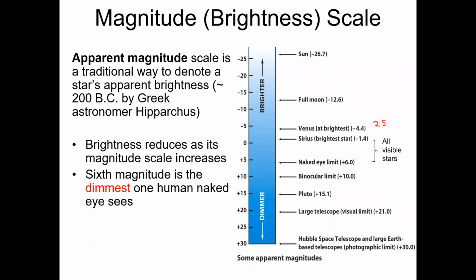So 4.4 minus 1.4 is 3, so 2.5 to the power 3. Venus is this many times brighter than Sirius. Now the full moon is -12.6. The Sun is -26.7.